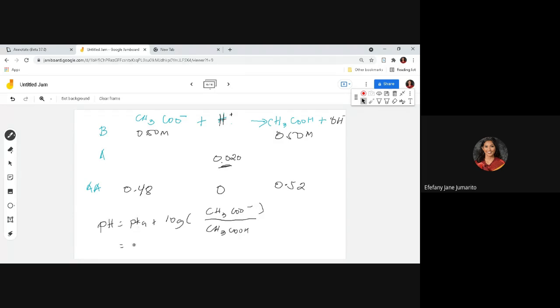The pKa is equal to 4.74 from earlier, plus log of the CH3COO minus, that is 0.48. This will become pH is equal to 4.71.